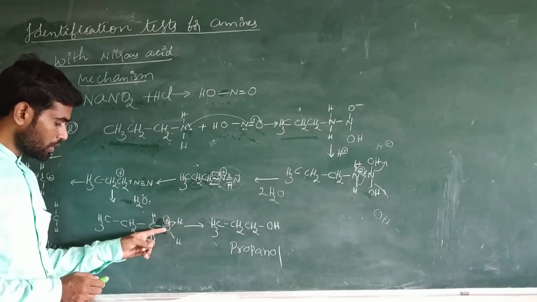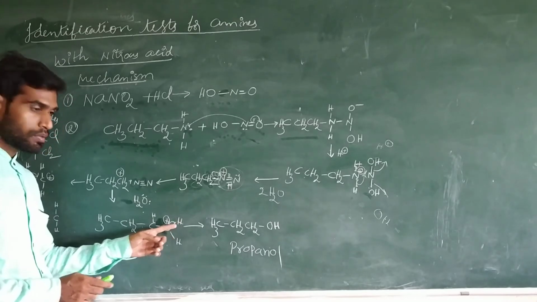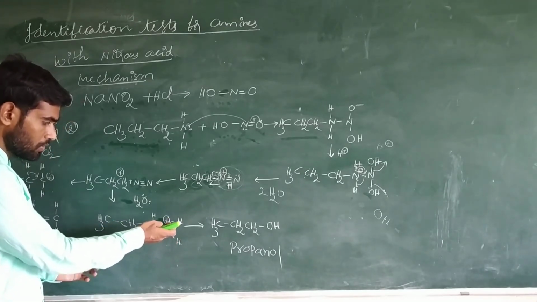And this more electronegative atom withdraws electrons from the hydrogen. The bond between oxygen and hydrogen is broken, and the electrons are taken by the oxygen.